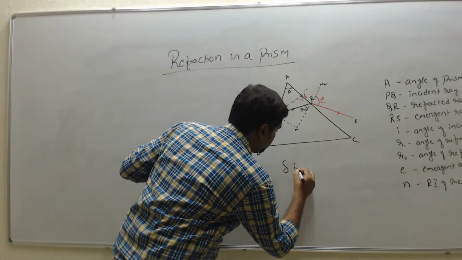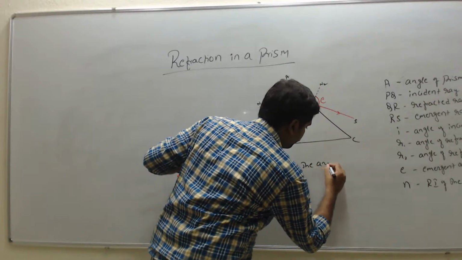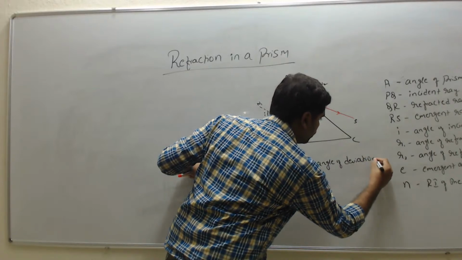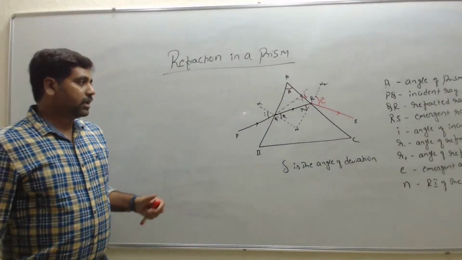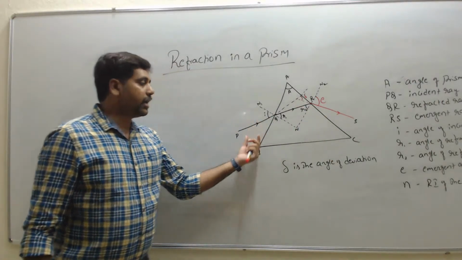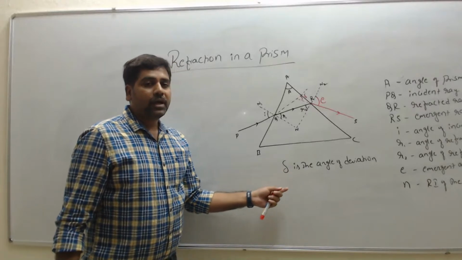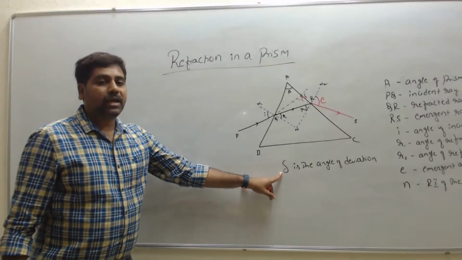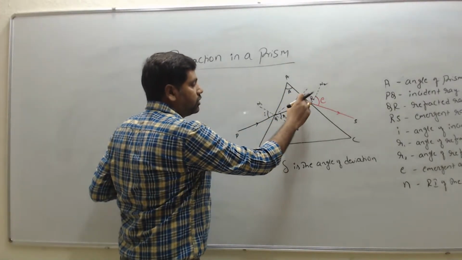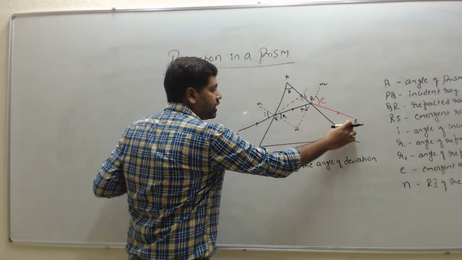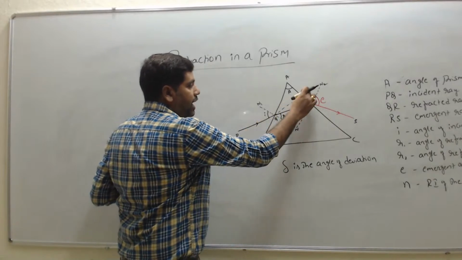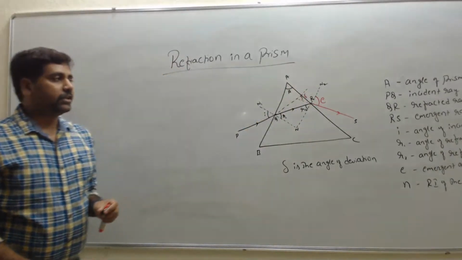Delta is the angle between the emergent ray RS and the extended incident ray PQ. That angle we call the angle of deviation.